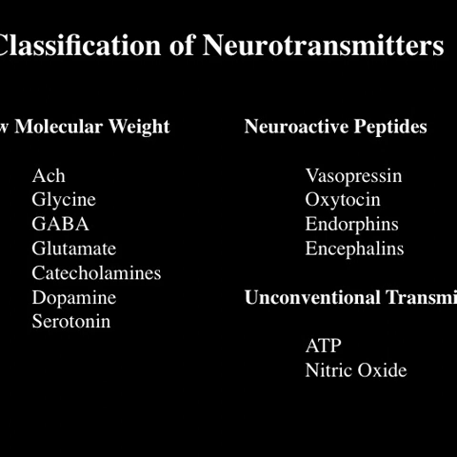The other major category are the neuroactive peptides. These tend to be small chains of amino acids. You couldn't quite call them proteins, but they're much larger molecules than the low molecular weight molecules.